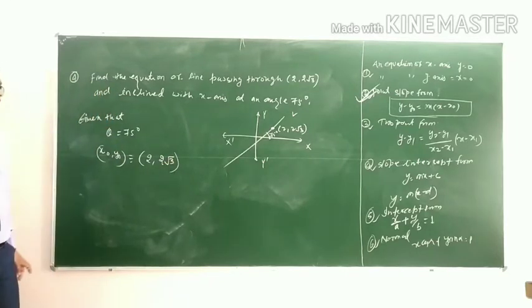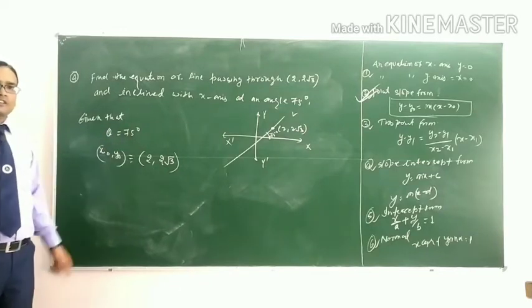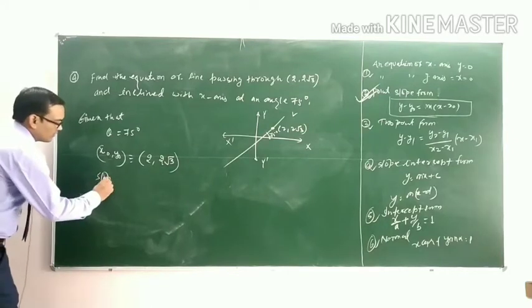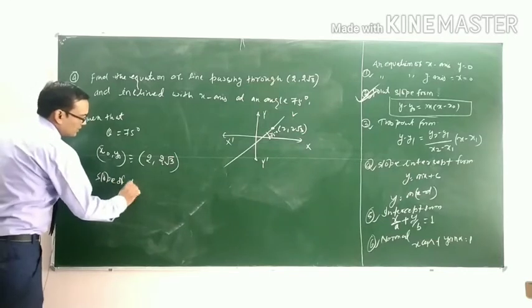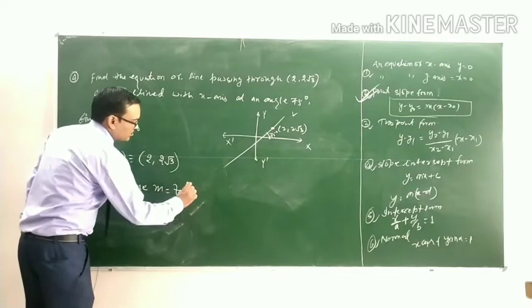Okay students, here the inclination of the line is given, so we find the slope of the line. Slope of the line m is equal to tan theta.